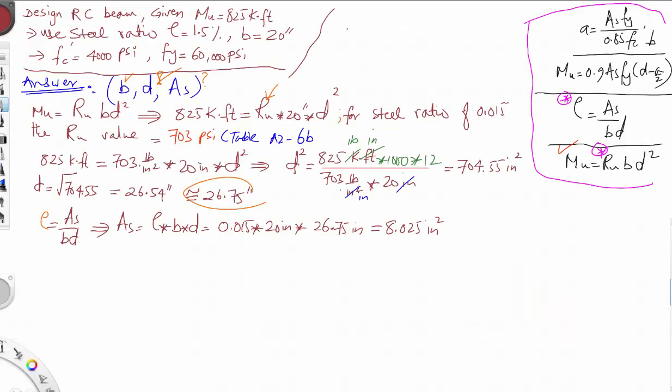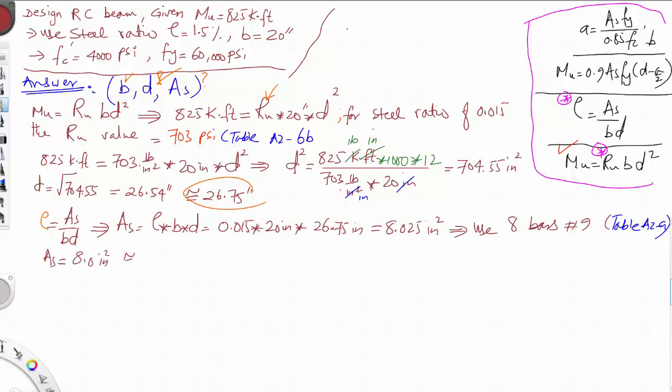So I'll say use 8 bars number 9, and that is from table 829, and this will give me an area of steel equal to 8.0 inch square.